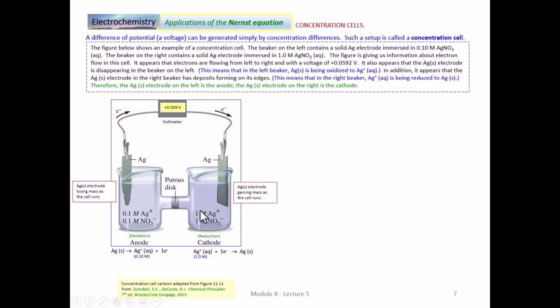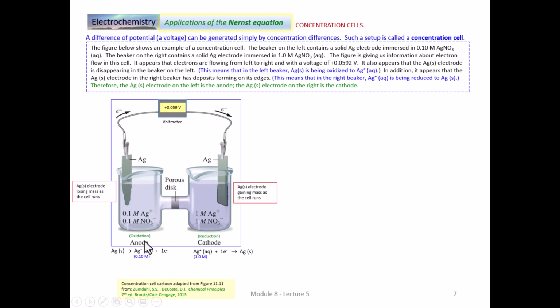Both solutions are made out of the same ionic compound, silver nitrate, but the concentration of silver nitrate is different in both beakers. So now you can start to realize why we're calling this a concentration cell: there's a difference in concentration of the silver nitrate in both these beakers, and that seems to be what's driving the electrons from the left beaker to the right beaker.